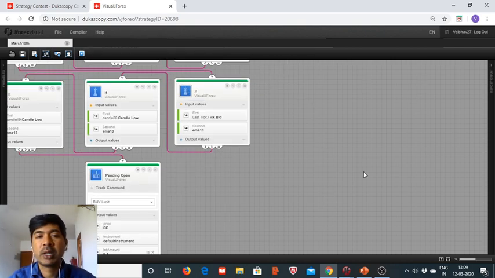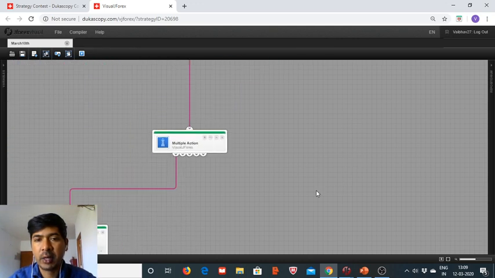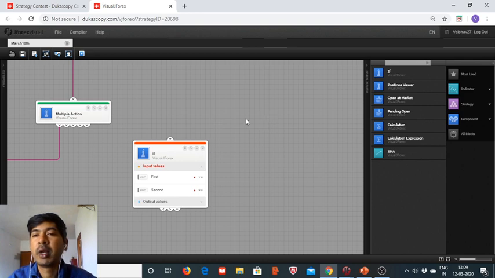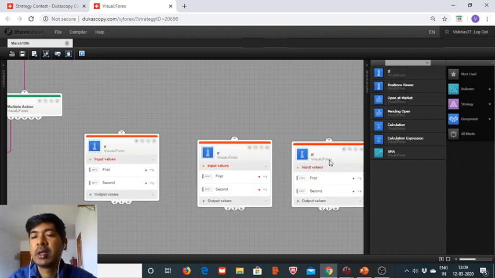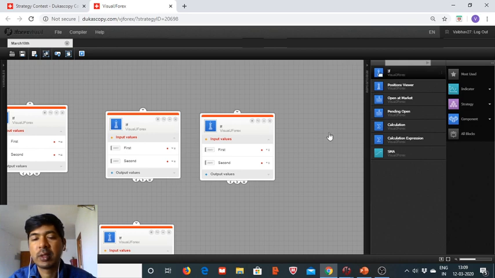Now let's shift our attention to building the sell side. Again we will need many blocks, 9 to be precise, as we are going to build a symmetrical sell side, and on the buy side we needed 9 if blocks. That means even on the sell side the requirement will be the same.